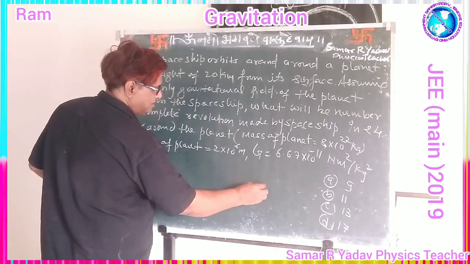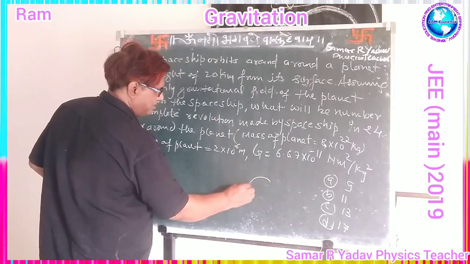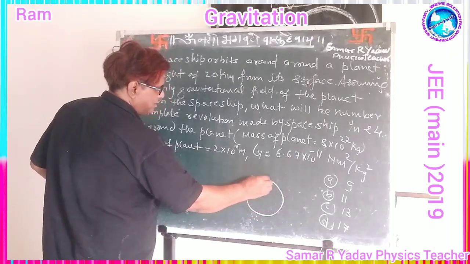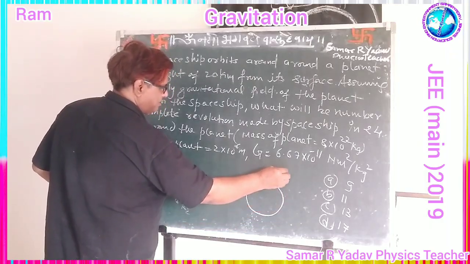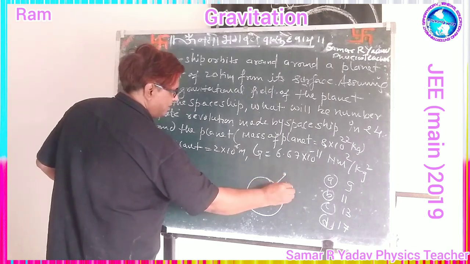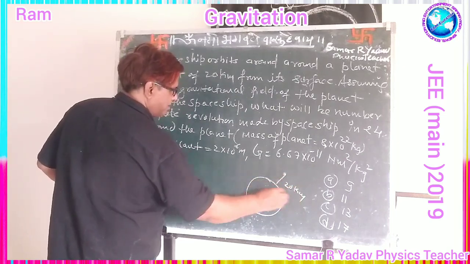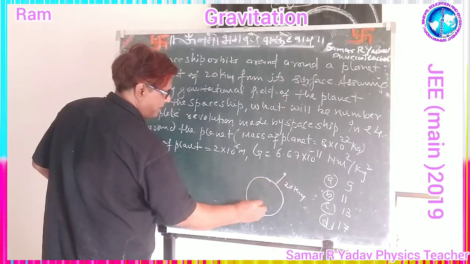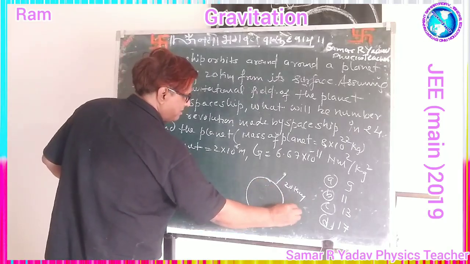suppose this is a planet, and here is the spaceship at a distance of 20 km from the surface of the planet.